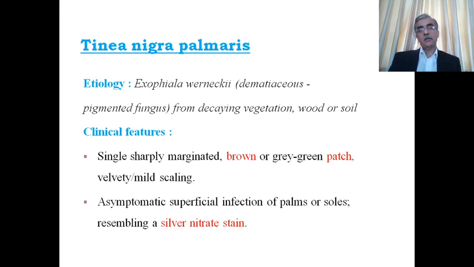This fungus comes from decaying vegetation, wood or soil, and clinically there can be single or multiple sharply marginated brown to grey-green patches which may be velvety, or mild scaling may be there, and usually they are asymptomatic, and they are commonly on palms or soles, and they resemble clinically a silver nitrate stain.